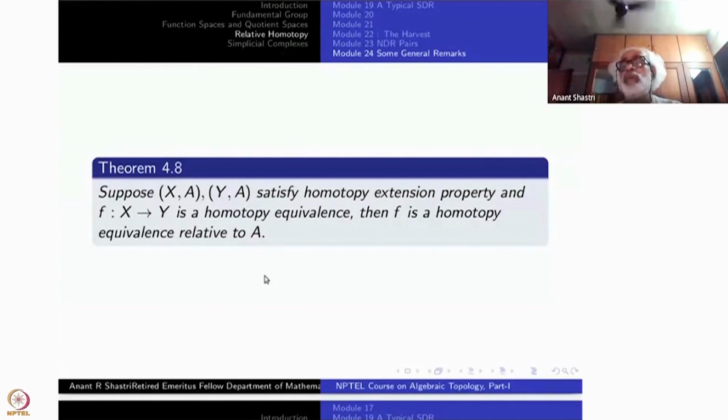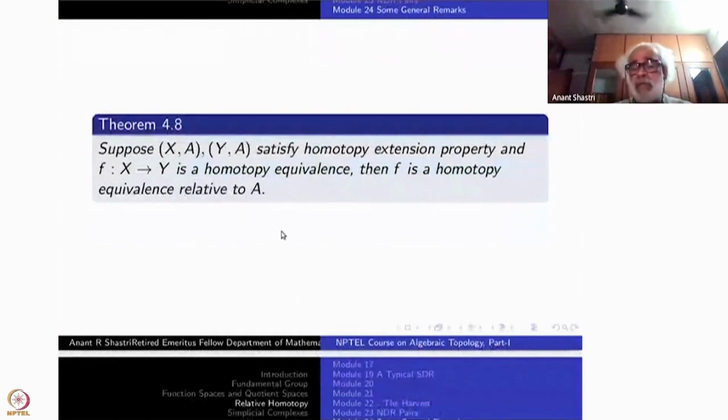So this is a wonderful result. But the proof does not follow from anything that you have done so far. You have to cook it up by using some tricks. So I am not going to give this proof because I am not going to use this result either here.